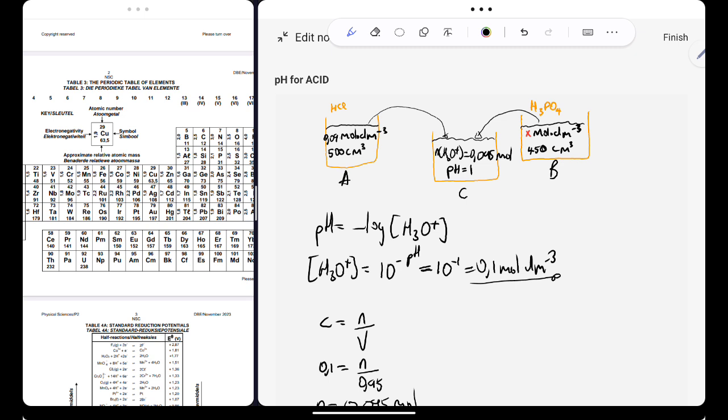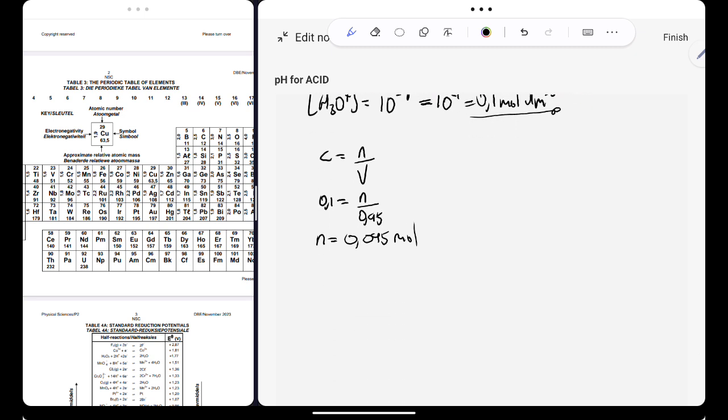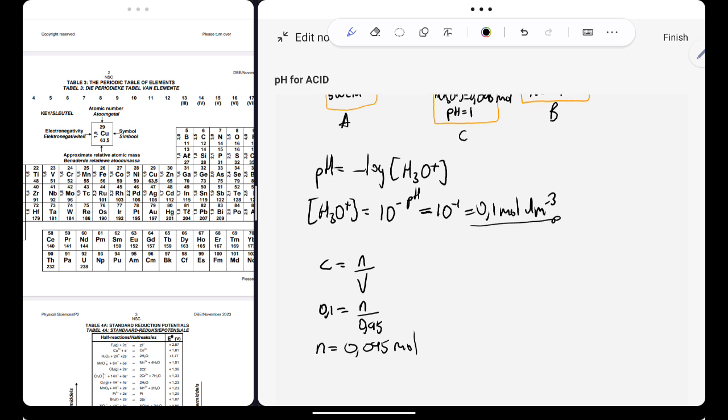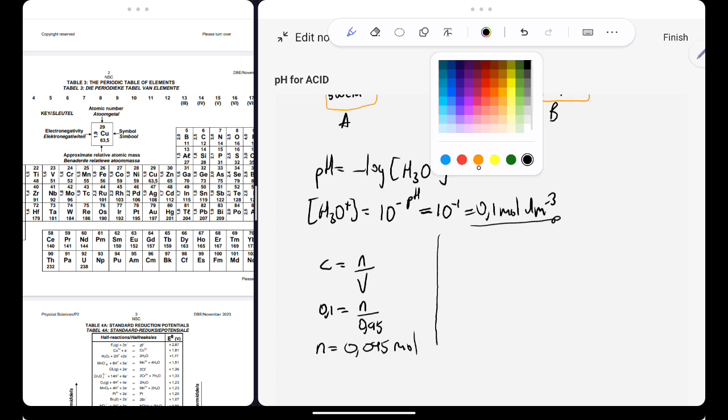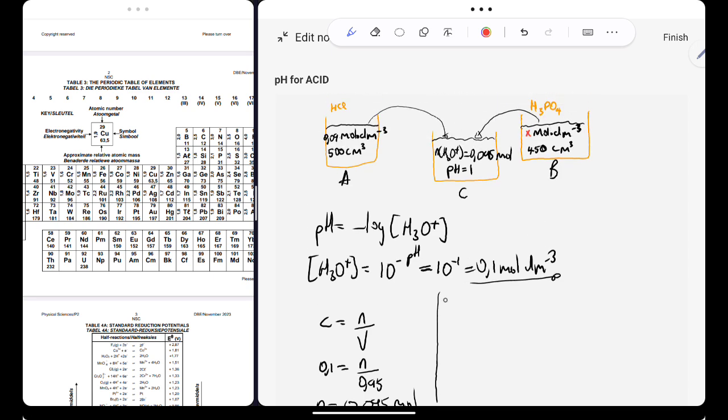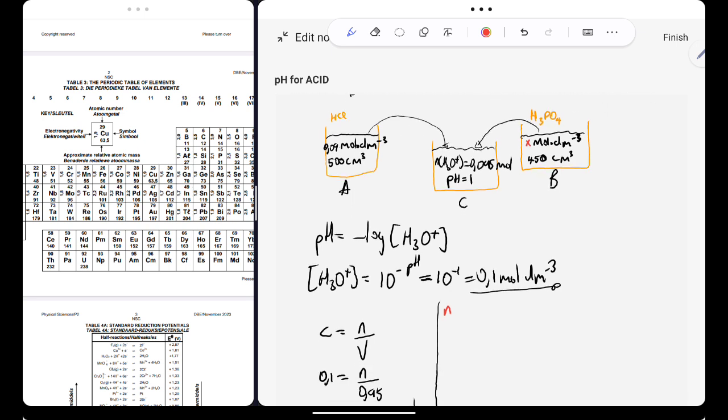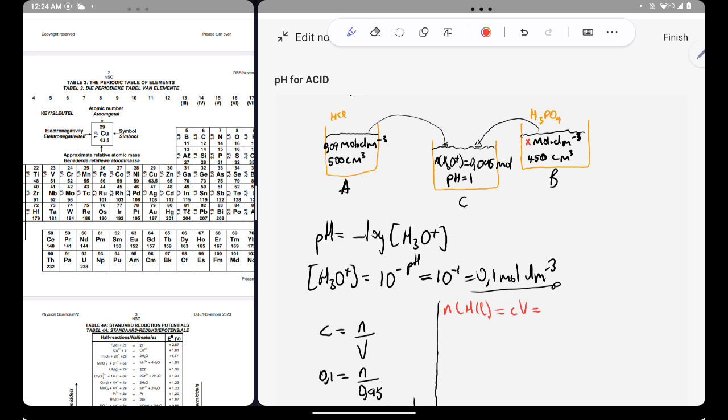So for me to find X, I must at least know how many moles of hydronium ions were contributed by the phosphoric acid into beaker C. But remember that I do have a standard solution there in beaker A. So I can simply use the information in beaker A. The number of moles of the hydrochloric acid in beaker A, concentration multiplied by volume, 0.